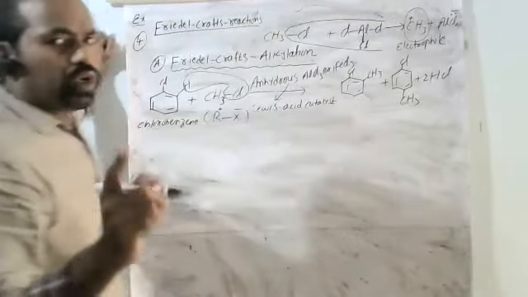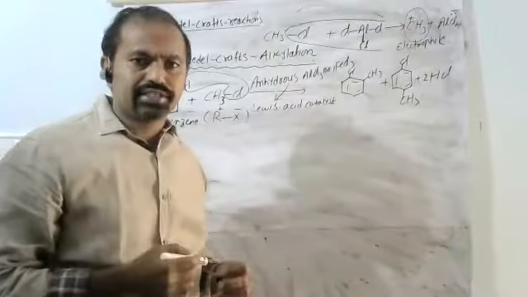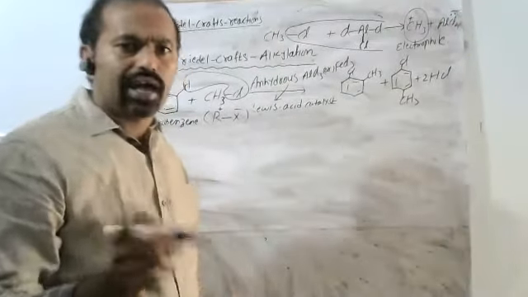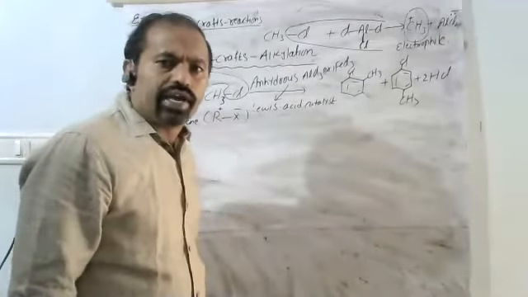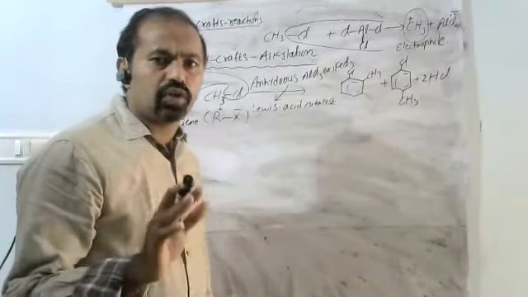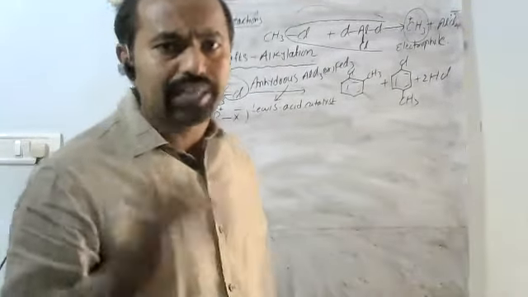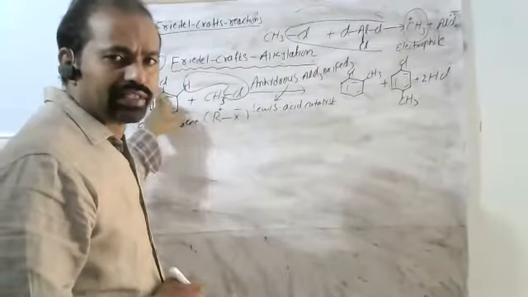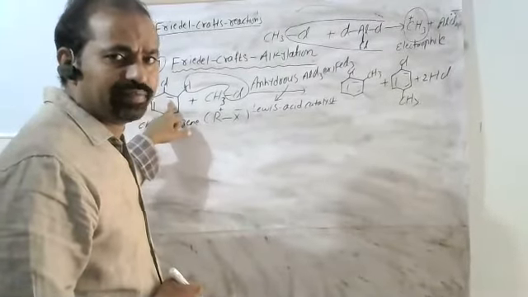There are two types of Friedel-Crafts reactions. First one, Friedel-Crafts alkylation, and second one, Friedel-Crafts acylation or acetylation. In the Friedel-Crafts alkylation process, I have taken chlorobenzene.